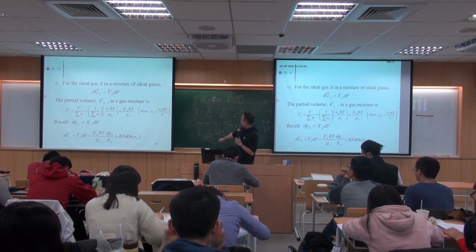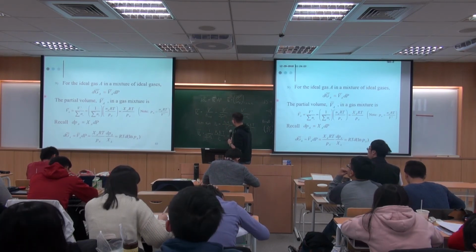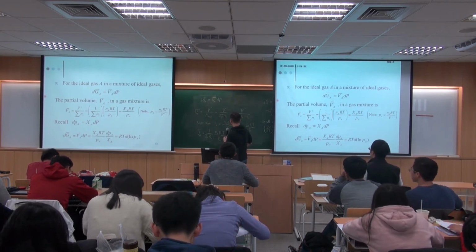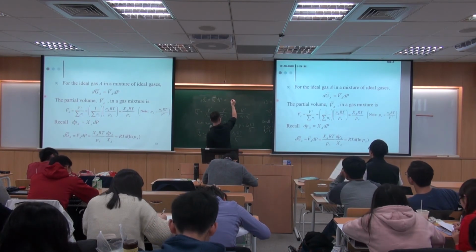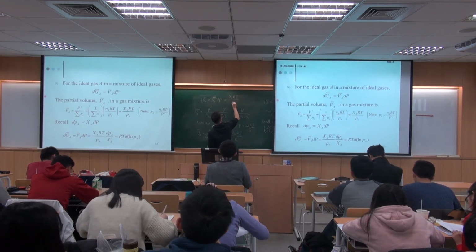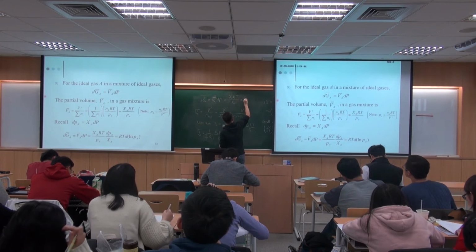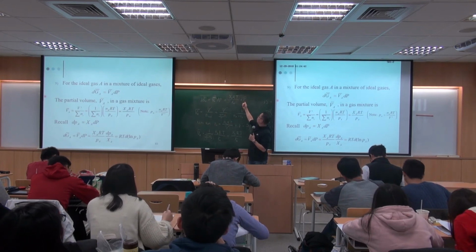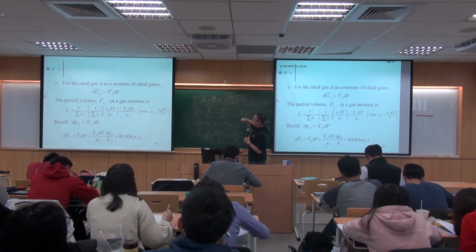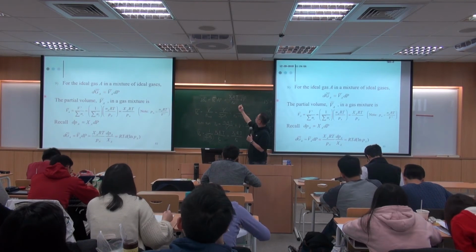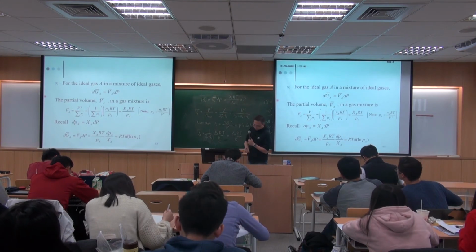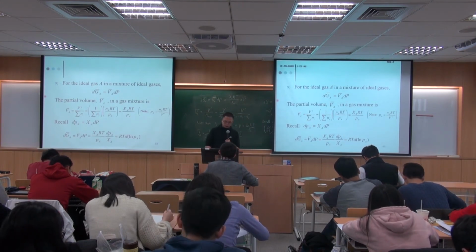So if you plug this back into here, VA bar is XA RT over pA dP. And recall that this is the capital P, the big P, so the pressure of the whole system. And you can also express this using the molar fraction.